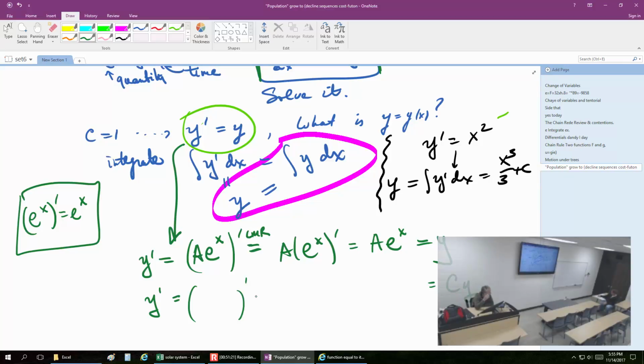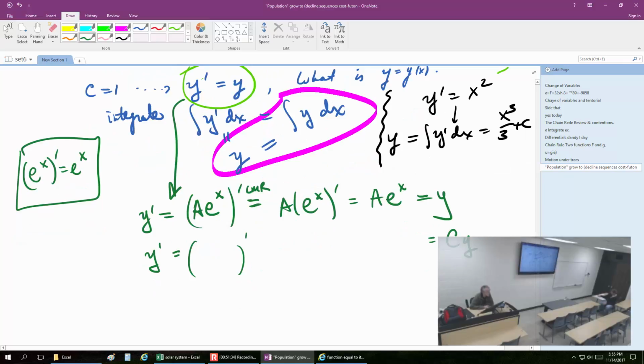Where does a coefficient appear when you differentiate? Constant multiple rule, but there is another possibility. Well, the chain rule. The chain rule creates a coefficient. Let me say a e^(cx). Let's differentiate.